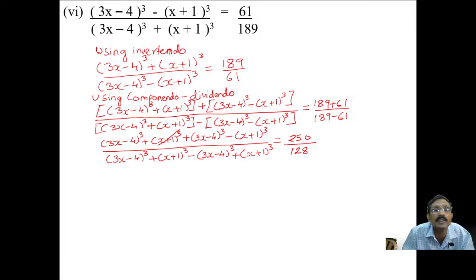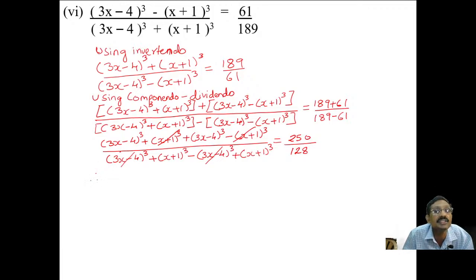Yeah, this and this go away. Here I've got (3x minus 4) cube, here (3x minus 4) cube, here (x plus 1) cube, here (x plus 1) cube. Can I get rid of anything here? Yeah, this and this.